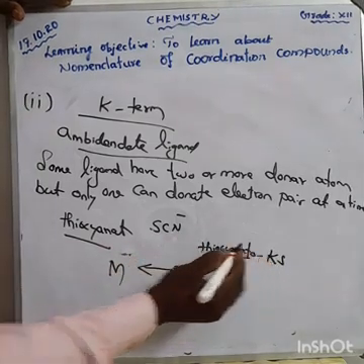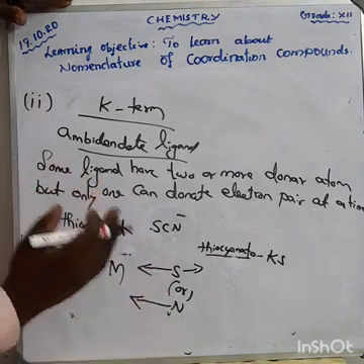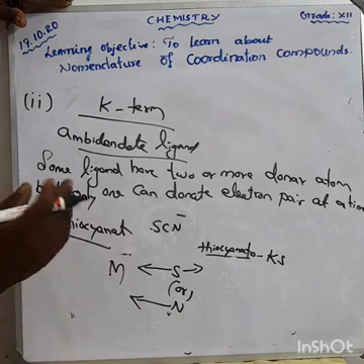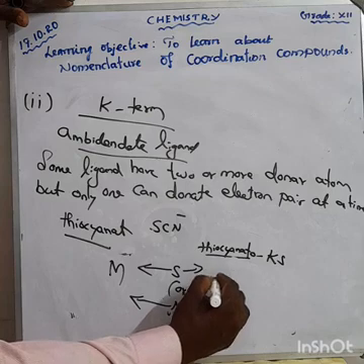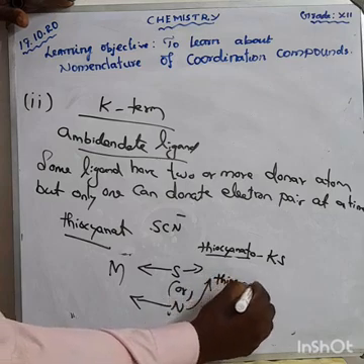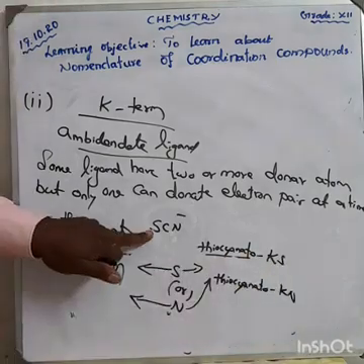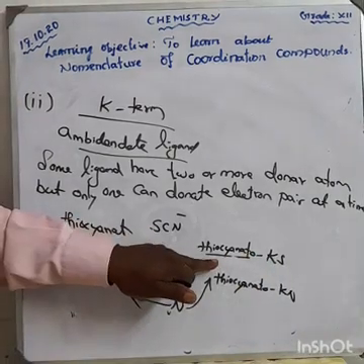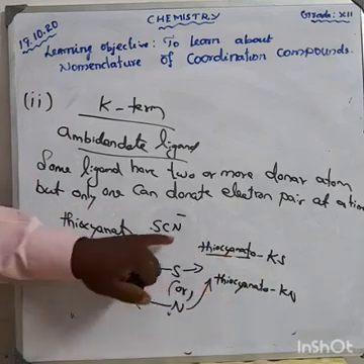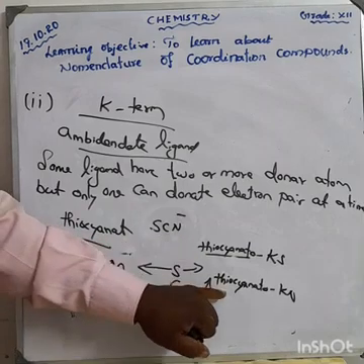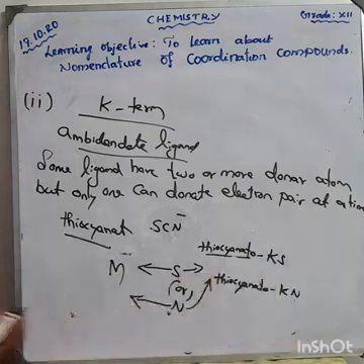Sometimes nitrogen may bond, and then we give thiocyanato-κN. For nitrogen we give κN. K means kappa. This is the next rule. I will explain it.